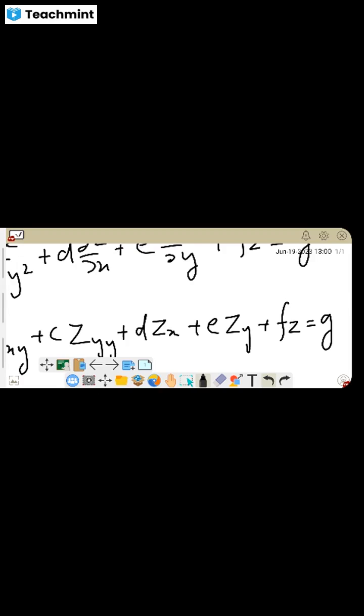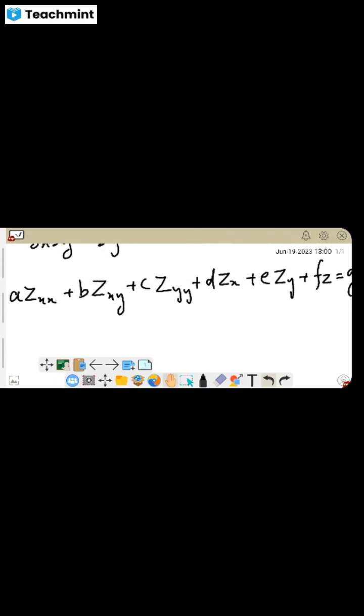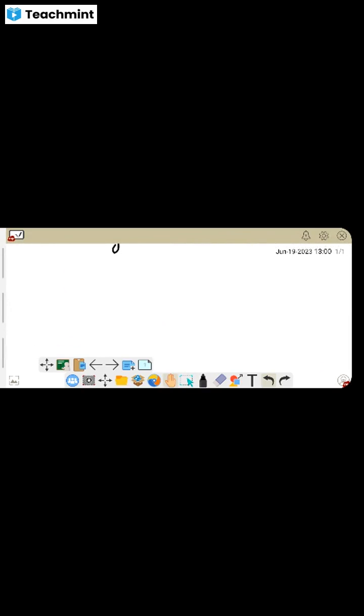And we can classify the equation as elliptic, parabolic, or hyperbolic by finding the discriminant b square minus 4ac. With the help of this general form, we'll find b square minus 4ac.